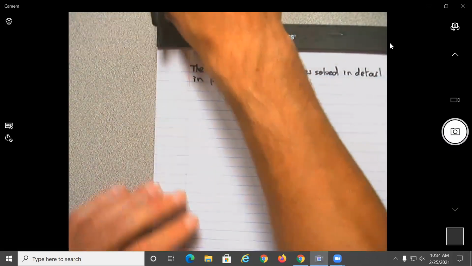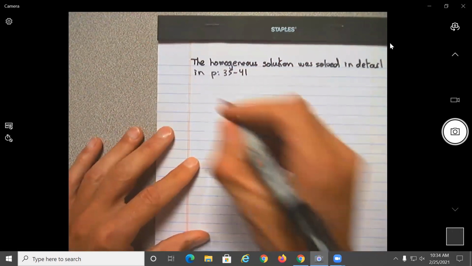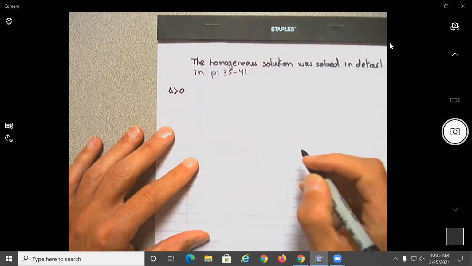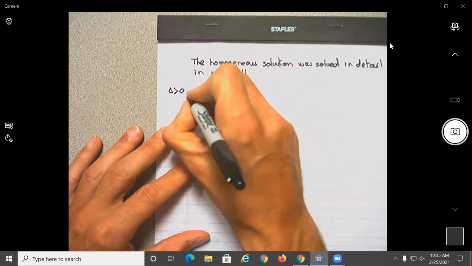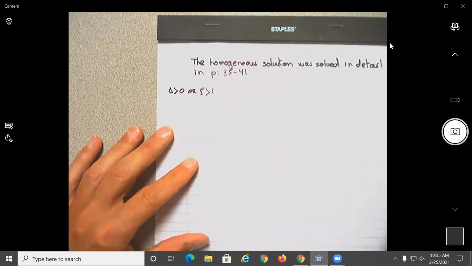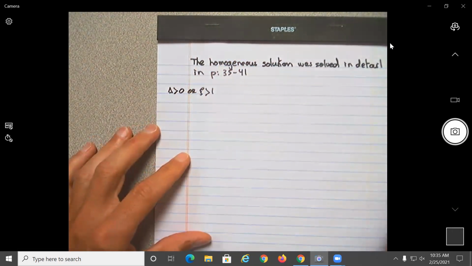If you want, I'm just going to summarize it very quickly since I have it here in front of me. We had that for the case that delta, so the damping was positive, or the damping ratio is much higher than 1.